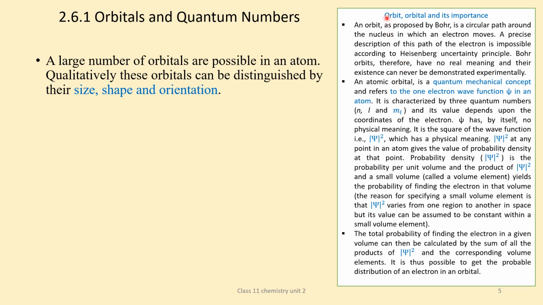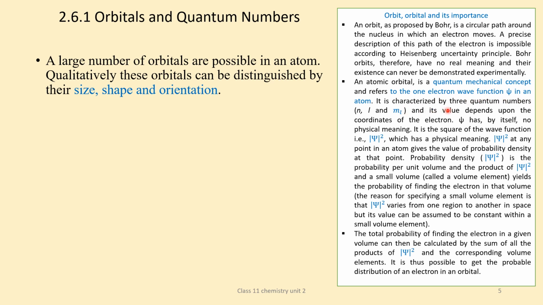Now, after discussing orbit, we will discuss atomic orbital. An atomic orbital is a quantum mechanical concept and refers to a one-electron wave function psi in an atom.